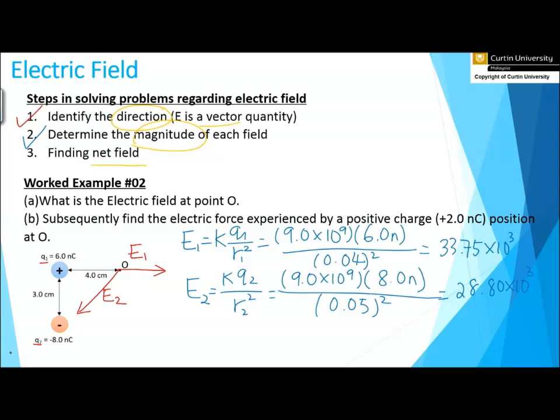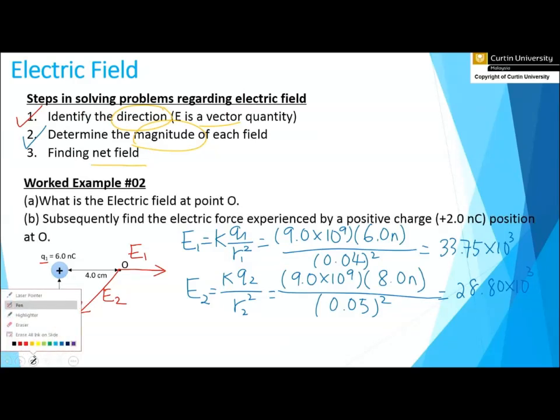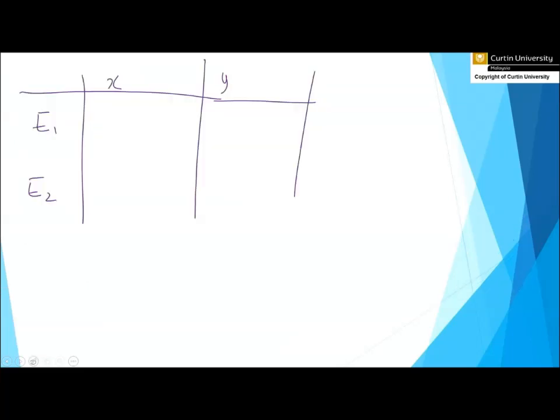So your E1 is only x component. So just copy down, which is equivalent to 33.75 times 10 to the power of 3, and is moving towards the right. And no y component for E1.